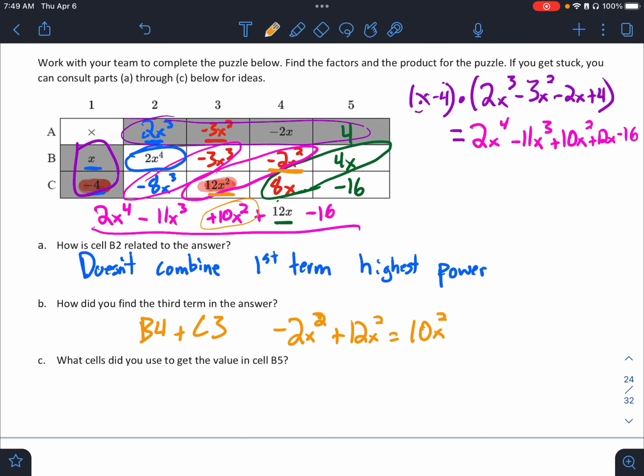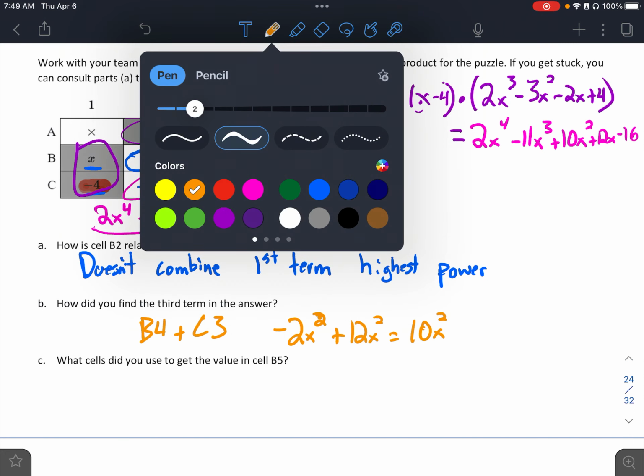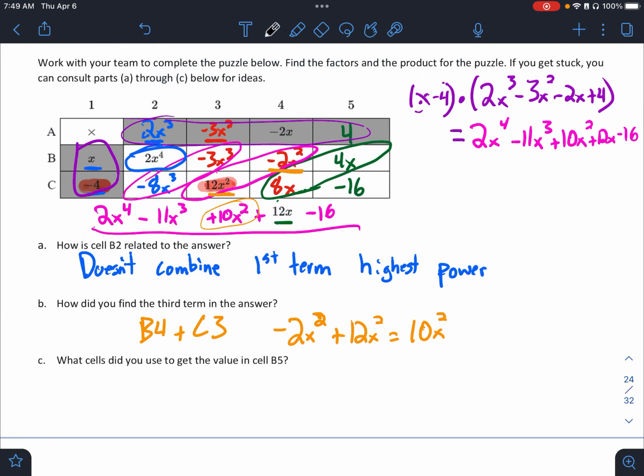And lastly, how did we get B5? B5 is this one here. Okay. We said we know B5 plus C4 has to equal 12x. We knew C4 was 8x. Therefore, B5 had to be 4x to get 12x.